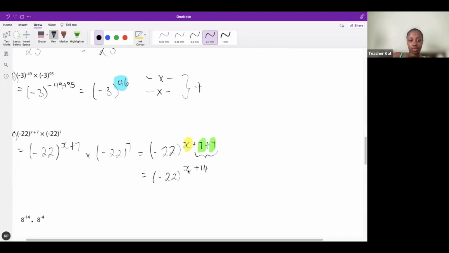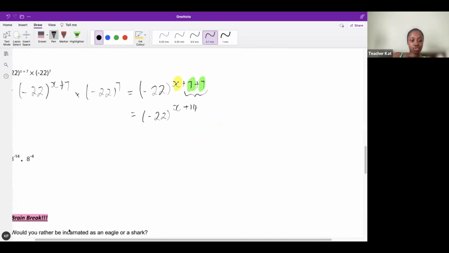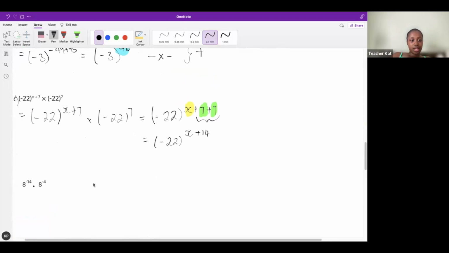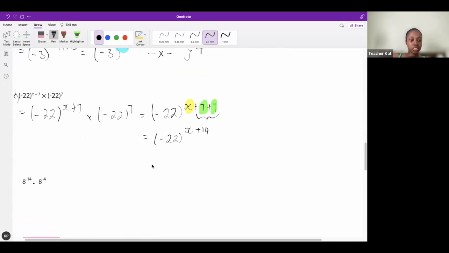I'm going to do another one that looks like this one just now. Let's just first do this one: 8 to the power of negative 14 times 8 to the power of negative 4. As we know, this is number D. It's going to be 8 to the power of negative 14 plus minus 4. What's happening to this plus minus in the middle here? That plus minus will become a negative.